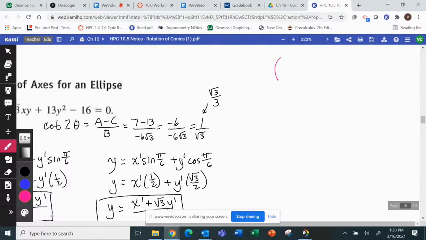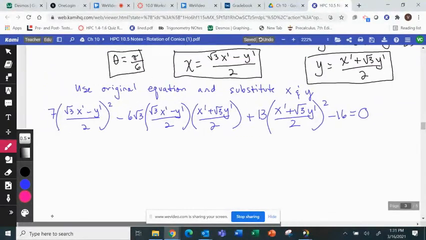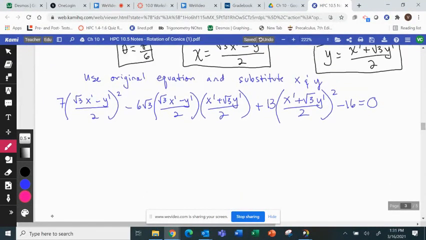If you ever try to multiply out a binomial squared, there is a shortcut that you should have learned in Algebra 2, and it's a squared plus 2ab plus b squared. Or if it's a minus b, then it would have a minus sign here. That's the only difference. If you know this formula, it's going to take you less time to multiply stuff out, because I had a couple of binomials squared here. So I'm going to use that formula.